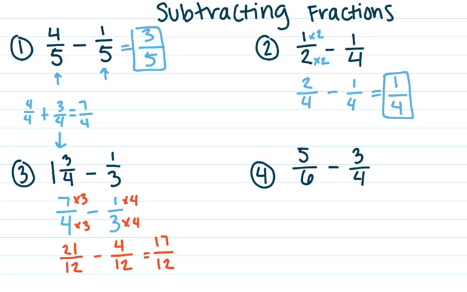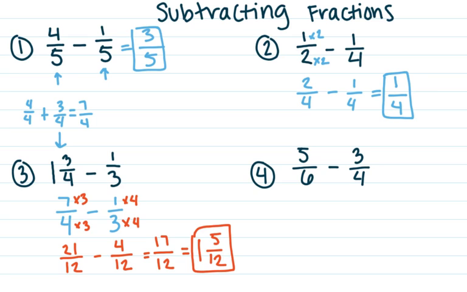I'm left with an improper fraction. That means that there is a whole number inside of that fraction, and we have to pull it out to make it be in simplified terms. And so I ask myself, how many times does 12 fit into 17? Well, 12 can go into 17 one time. And how many are left over? Well, there will be 5 pieces left over. So my mixed number there is going to be 1 and 5/12.